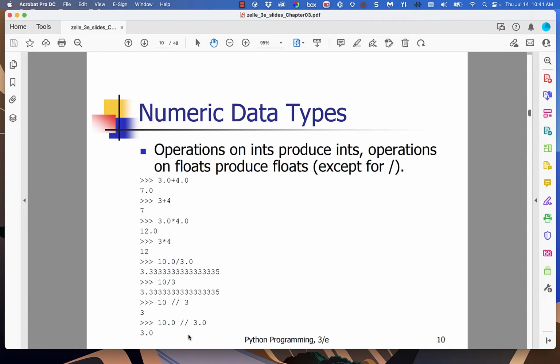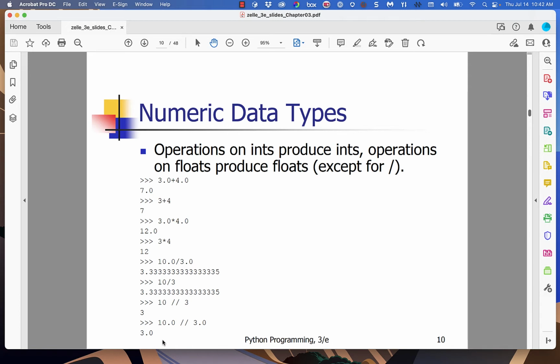If we use an integer division operator between two floats, like 10.0//3.0, we get the integer answer expressed as a float.